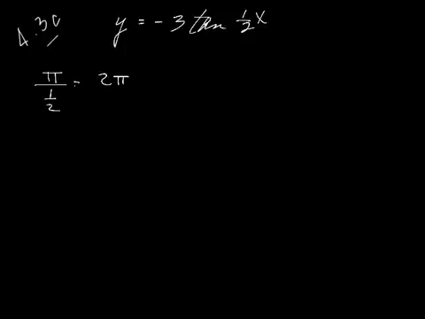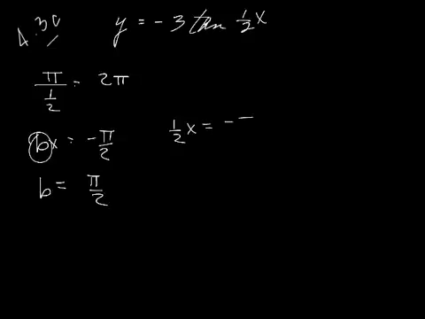The asymptotes that are next to each other, the closest ones that we know that the tangent will fall within, is going to be bx equals -pi over 2, and bx equals +pi over 2. So our b here is 1/2, so 1/2 x equals -pi over 2, and 1/2 x equals regular old pi over 2.